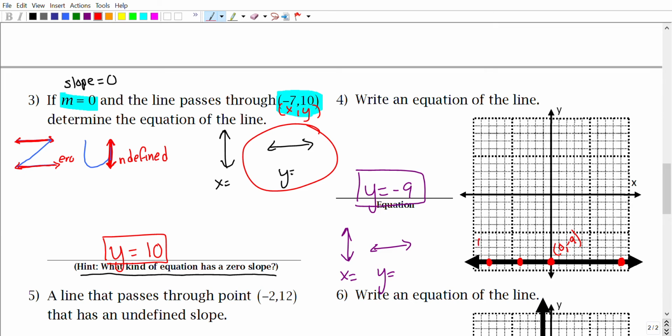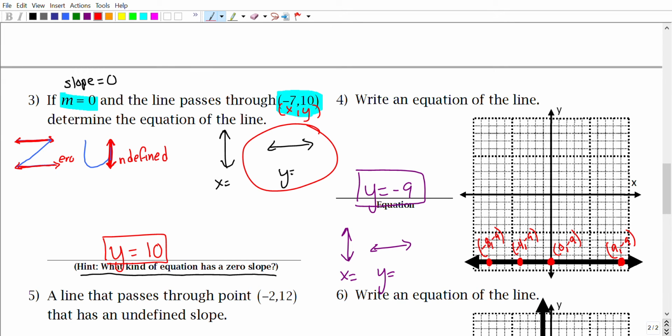I'm going to go ahead and write the ordered pairs for these. So this is -8, comma, -9. This is -4, comma, -9. And this is 9, comma, -9.